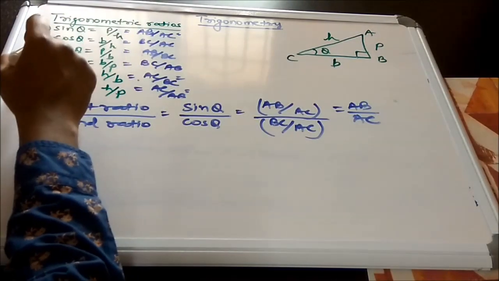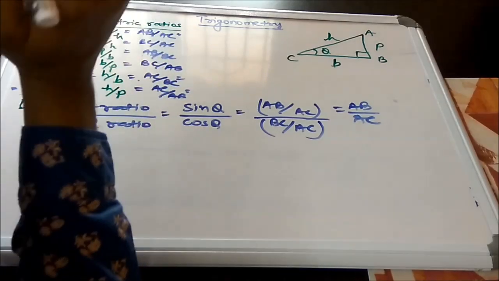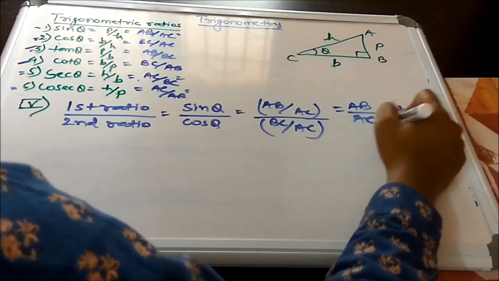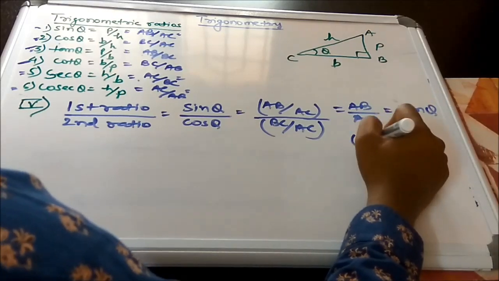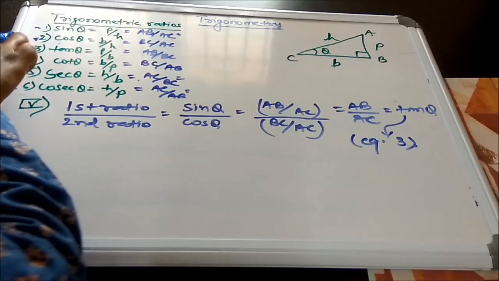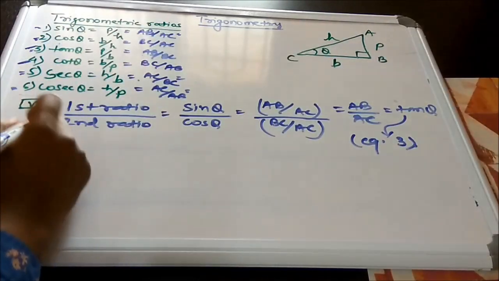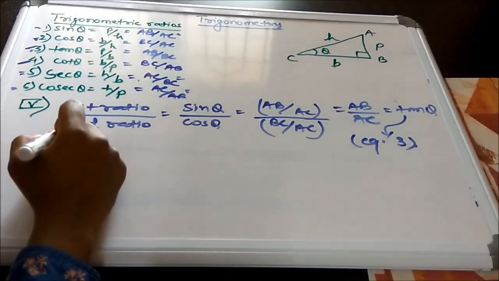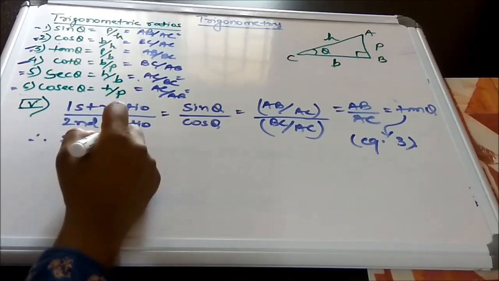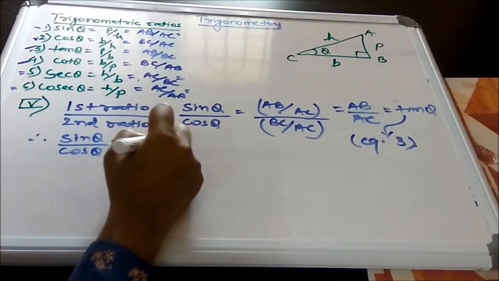And AB by BC, as we can see from our third trigonometric ratio, is tan theta. This we got from equation 3 above. Therefore, we have just now reached our fourth relation between trigonometric ratios, that is sine theta divided by cos theta equals tan theta.